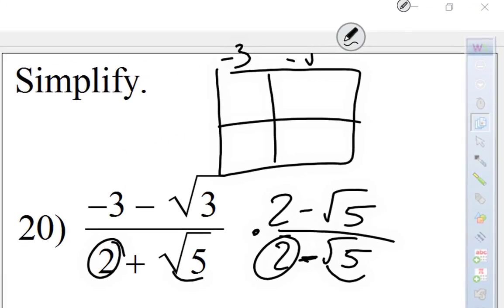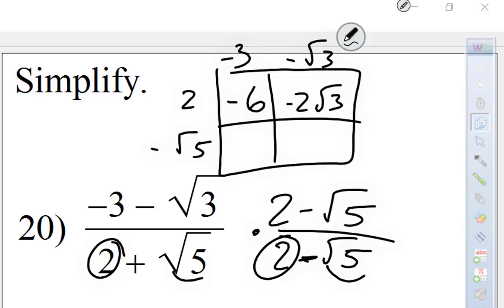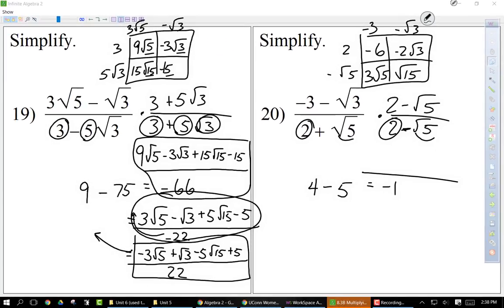Negative 3 minus root 3 times 2 minus root 5. Negative 6 minus 2 root 3. Positive 3 root 5 and positive root 15. So I can't combine anything from the box, so let's rewrite it: negative 6 minus 2 root 3 plus 3 root 5 plus root 15.